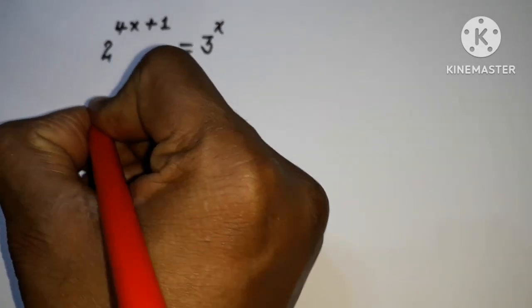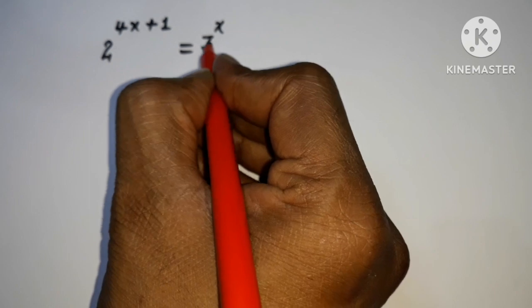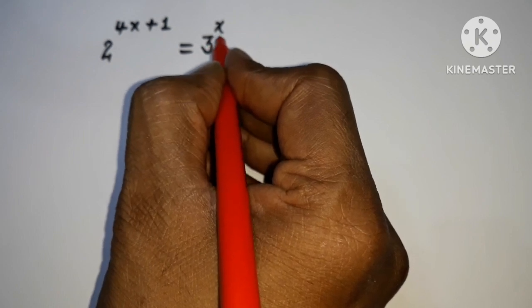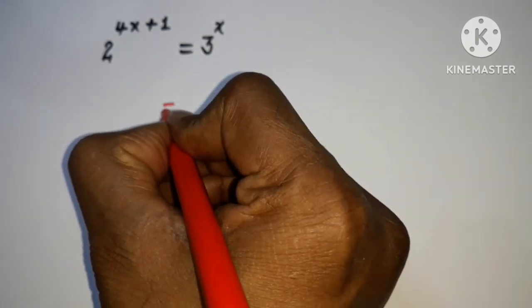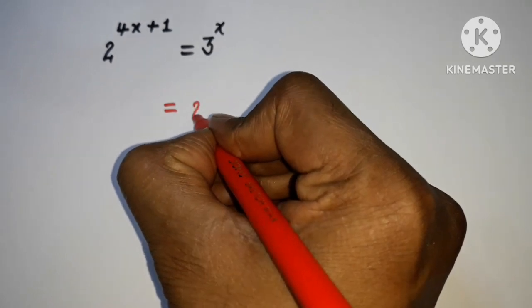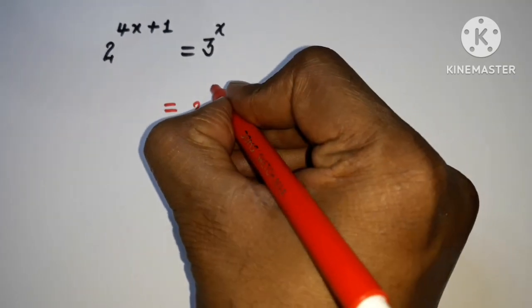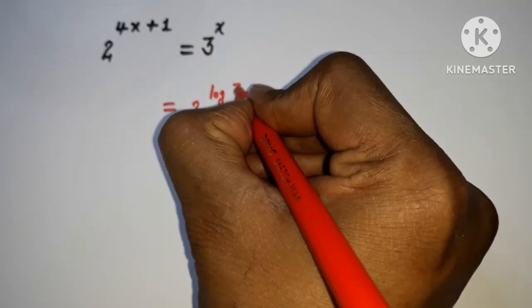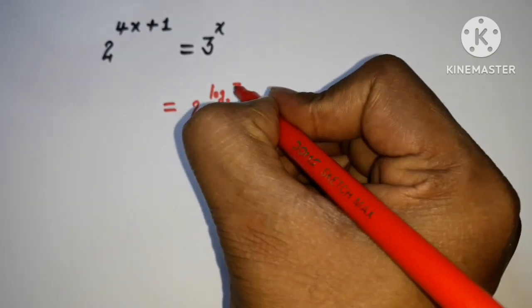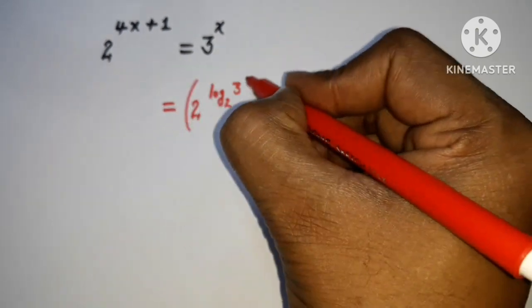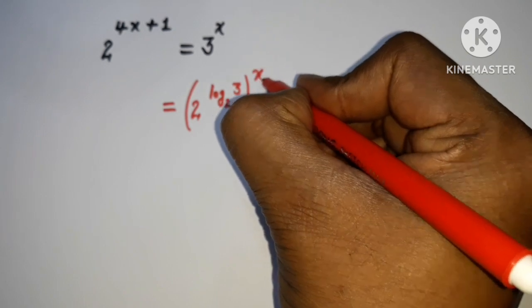Before proceeding, you can see how we can represent 3^x. We can write this as 2 to the power log 3 with base 2, and x will be as it is.